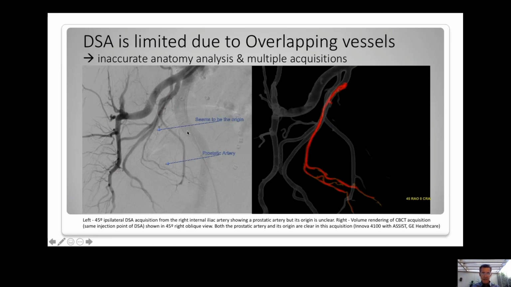In this slide, we can compare DSA on the left to cone-beam CT on the right. If you analyze this DSA, you understand that you have a prostatic artery here, giving the central gland and the peripheral zone branch.